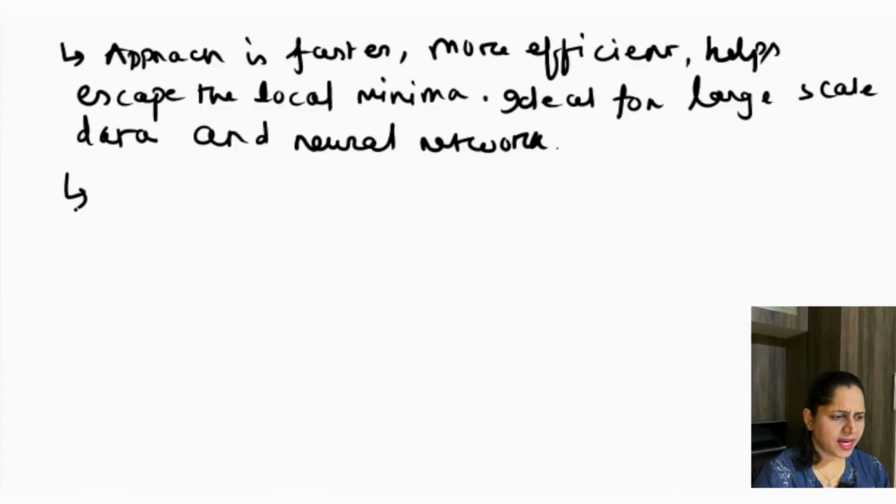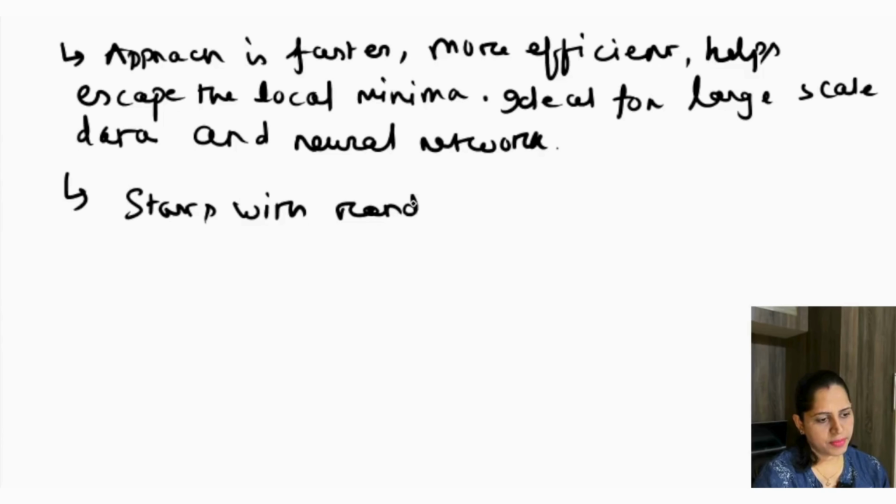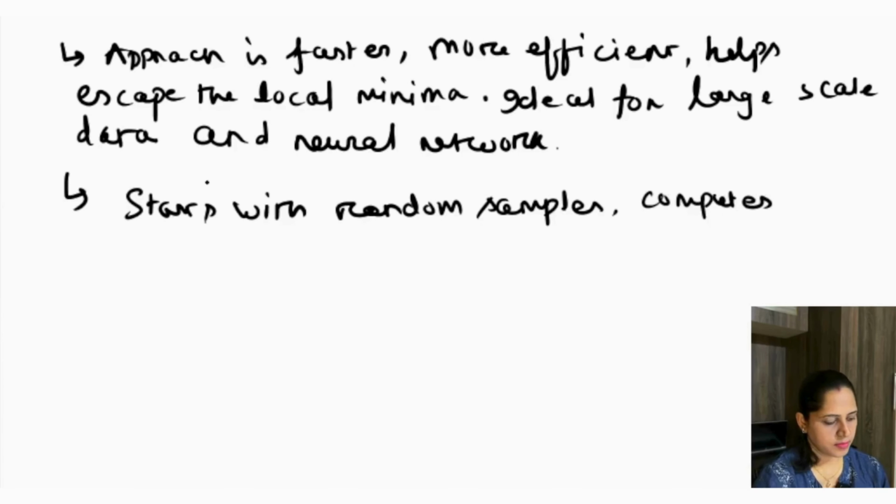And how it happens, it starts with random samples, right? That is the first thing. It computes the gradient. Second thing, it updates parameters or weights. Here parameters means weights.